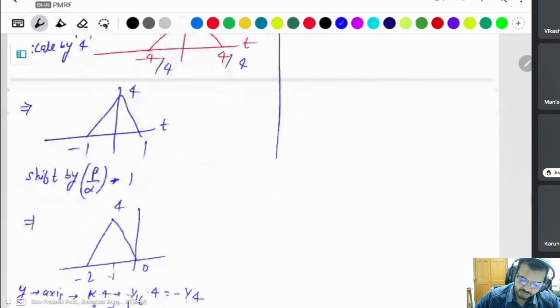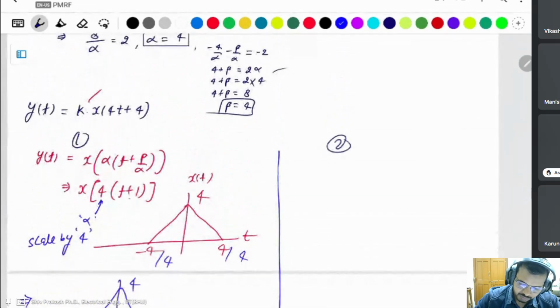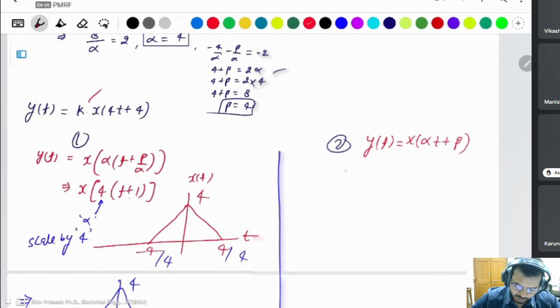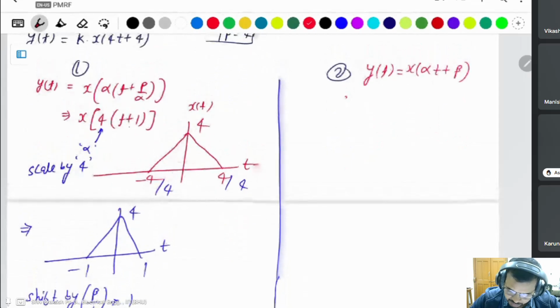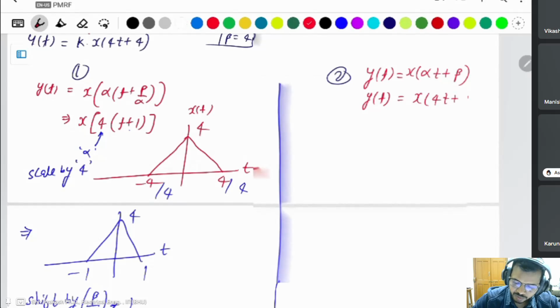Okay, second method. From the second method we have to check the same thing: y(t) is equal to x(alpha t plus beta). In our case, y(t) is equal to x(4t plus 4).